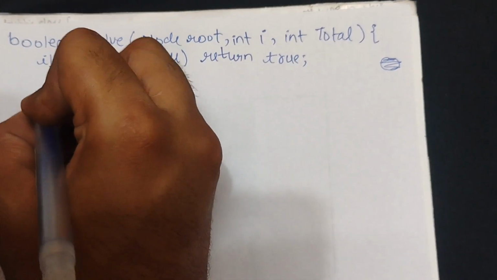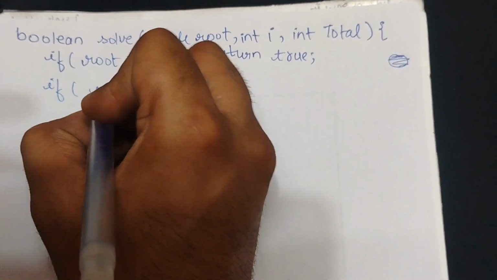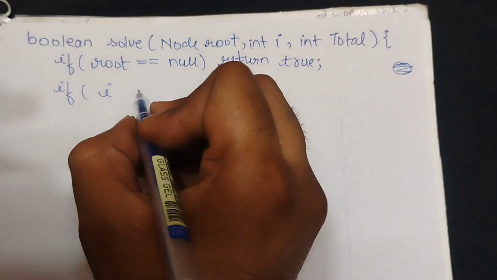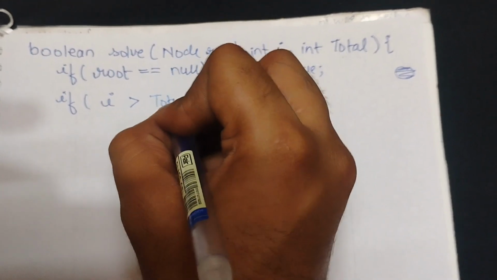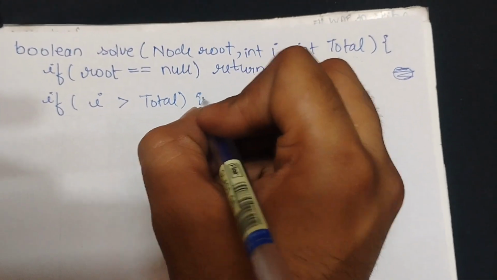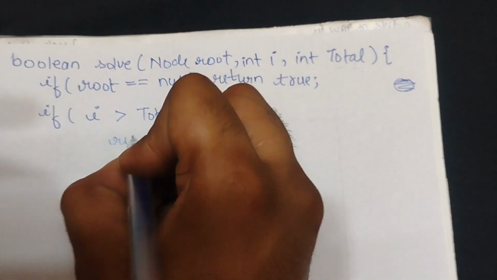Now I'll write the condition that I told. If the index is greater than the total number of nodes which we have in the tree, in this case I'll return false.